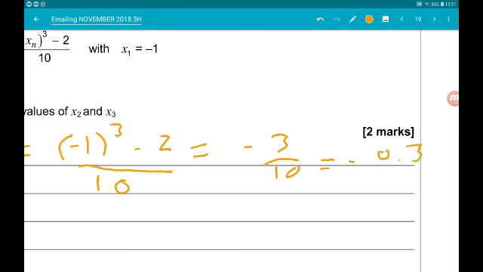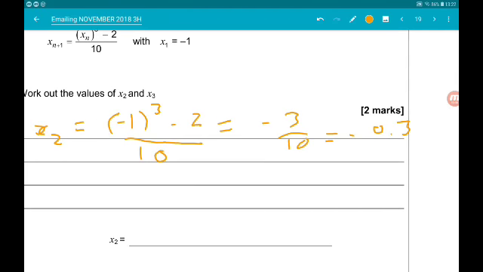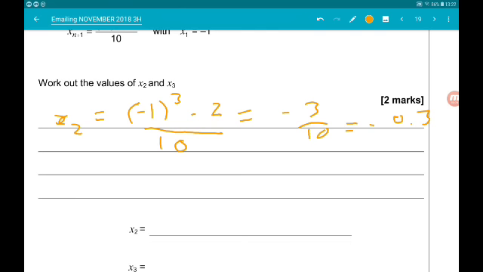Now to get x3, we put in minus 0.3 wherever there is an xn. But we can use our calculators to do this a lot easier. Okay, so on your calculator, look for the button that says ANS, short for answer. Put in the value for x1, so here, put in minus 1, press equals, you get minus 1. What the answer button does is it remembers the answer from the last time you pressed equals. So what you then want to do is put in the formula xn cubed minus 2 over 10.